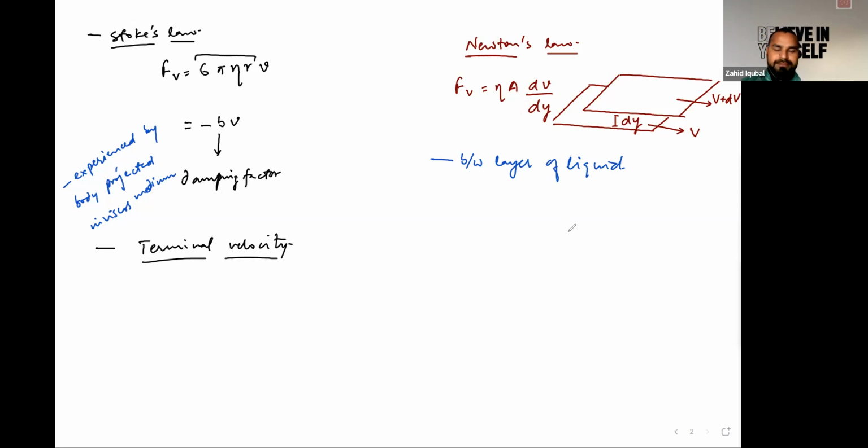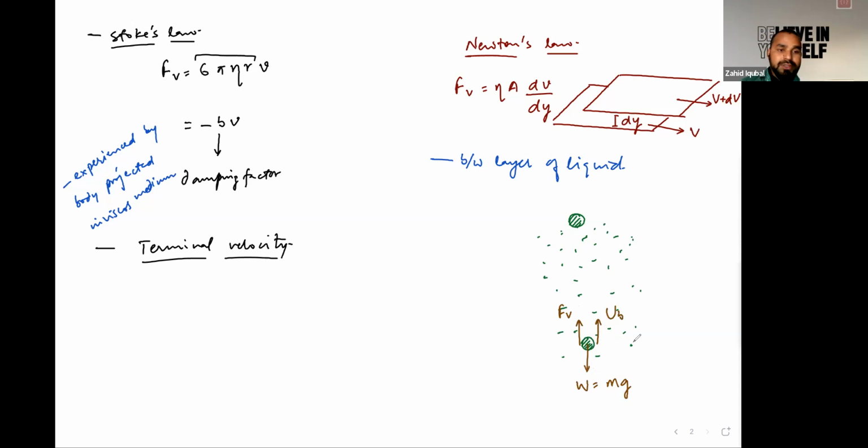Next is terminal velocity. What do you mean by terminal velocity? Suppose this is any object which is dropped or projected in any viscous medium. Initially it will tend to accelerate due to the weight experienced by it. But after some time, at a particular depth, a force will be acting downward due to its weight, which is mass times gravity, and in the upward direction, viscous force and buoyant force.